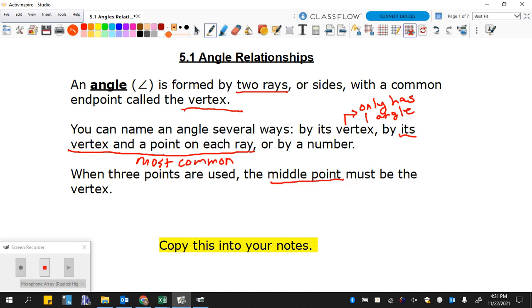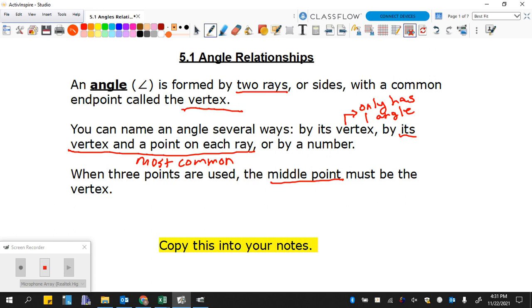Or sometimes, if you have several different angles, they may have a small number associated with that vertex, or possibly even the number that tells you the degree measure of that angle.